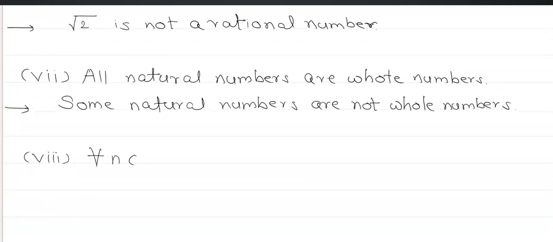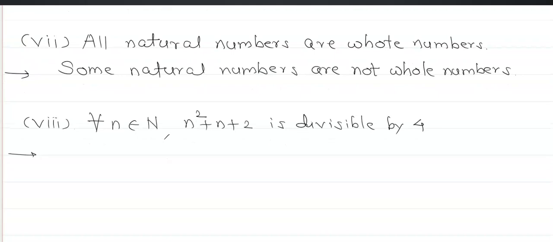Next is the 8th one. There exists n belongs to the set of natural numbers, n square plus n plus 2 is divisible by 4. Sorry, it is for all.